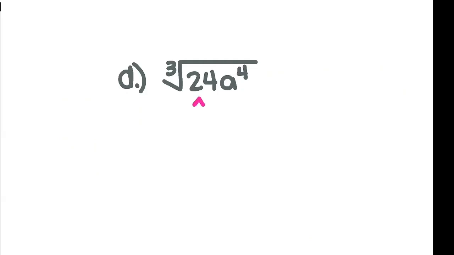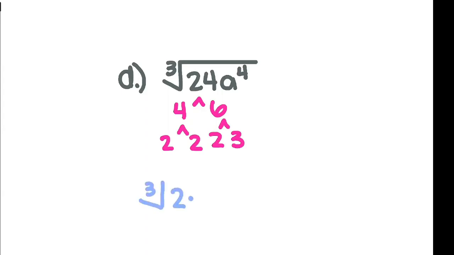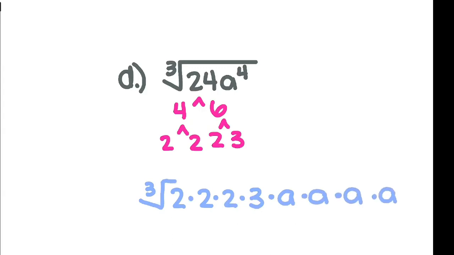So the 24 is 4 and 6, the 4 is 2 and 2, the 6 is 2 and 3. The a to the 4th is just a times itself 4 times. So this is the same exact thing as saying the cube root of 2 times 2 times 2 times 3 times a times a times a times a.